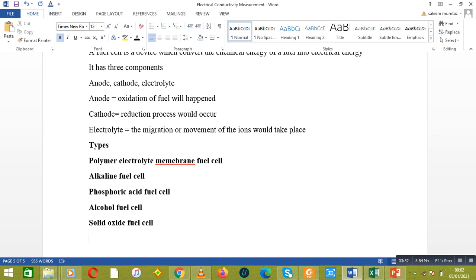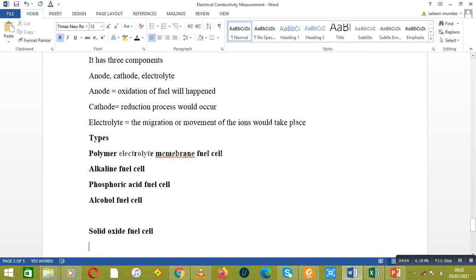A solid oxide fuel cell is a type of fuel cell in which all the materials being used, like anode, cathode, and electrolyte, are in the solid form.